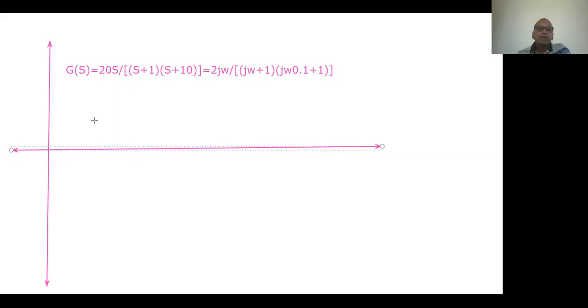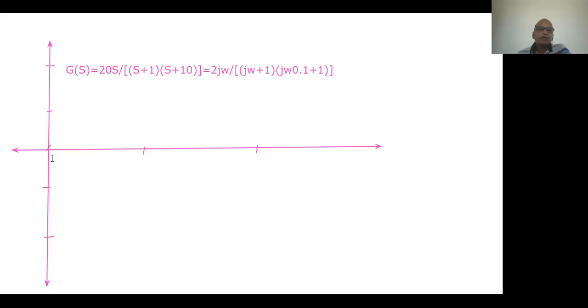Again, mark these frequencies, corner frequency equal to 1, corner frequency equal to 10. Here is plus 20, here is plus 40, here is minus 20, minus 40.